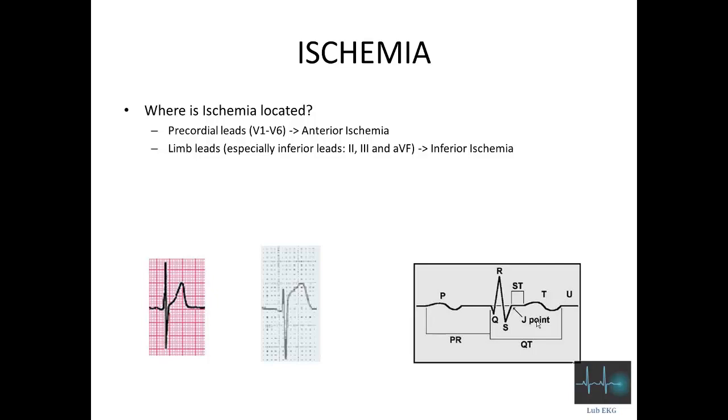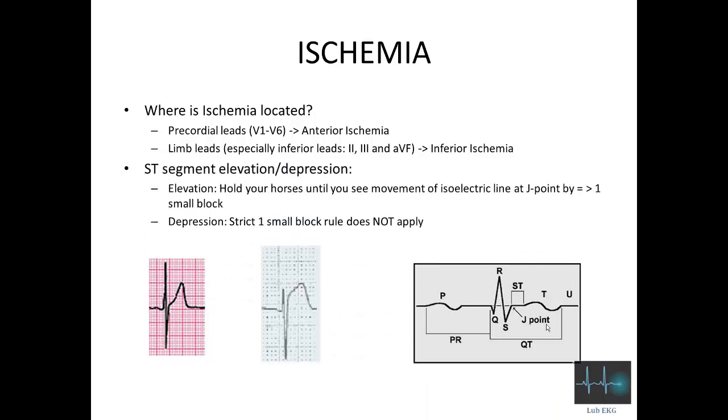This is if we have changes in V6 or V1, which are respectively on each of their sides, V6 being on the left and V1 on the right, or in say leads 1 and AVL on the far left or AVR on the far right. So that's just to keep in mind.